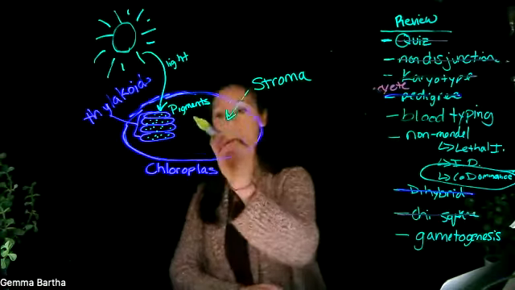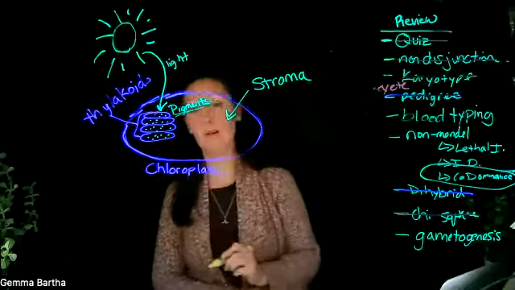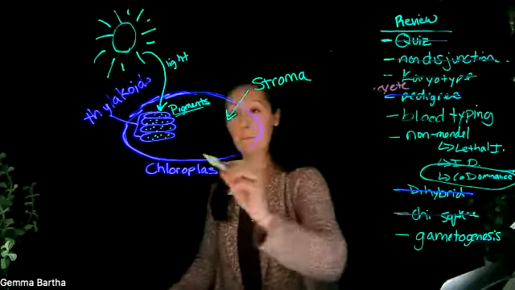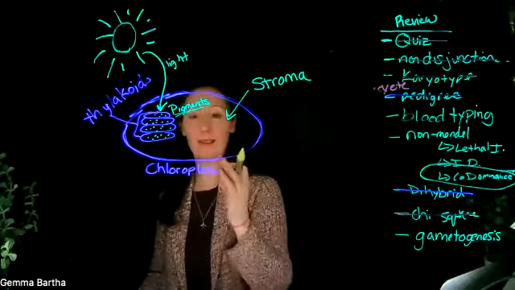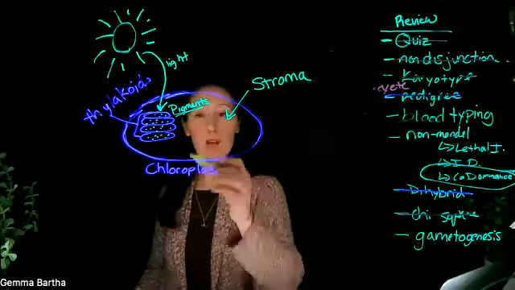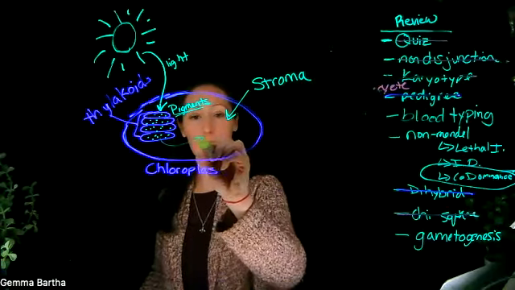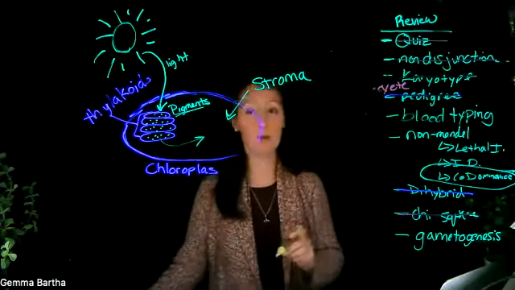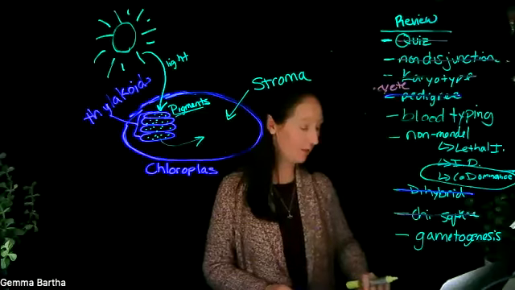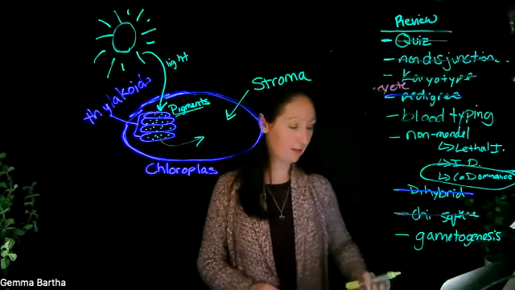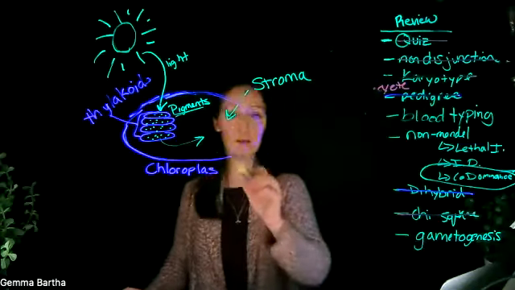So you have all these pigments that are on your thylakoid, right? They are capturing that light energy. You need that energy to then be transferred into the stroma. So what specifically is happening in the stroma?